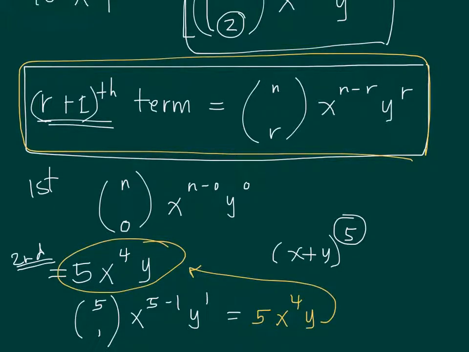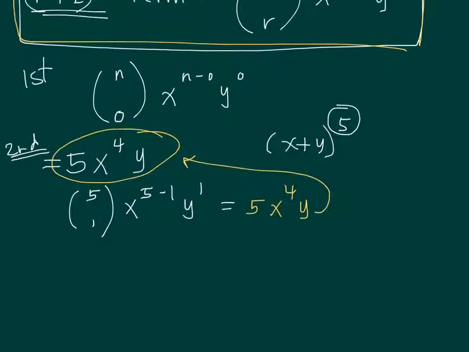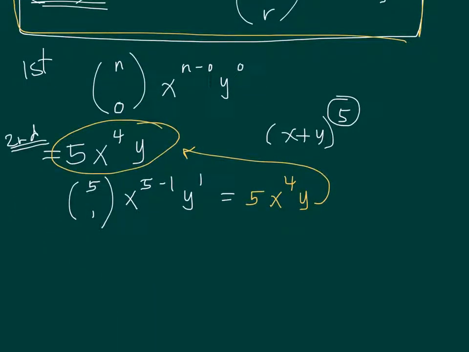Before I end the explanation, let me show you an example. Suppose I want to find the 11th term of (x + y)^20. So I want to find the 11th term.